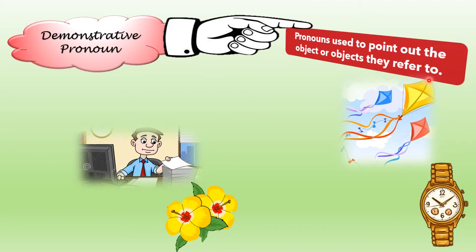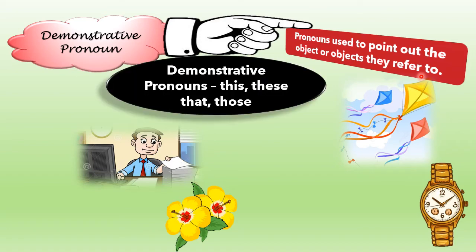The things that they want to specify, the things they want to make clear, they point out those things. And how do they point out those things? They point out those things by using words like this, that, these, those. Is it clear? So this, these, that, those, these are demonstrative pronouns.